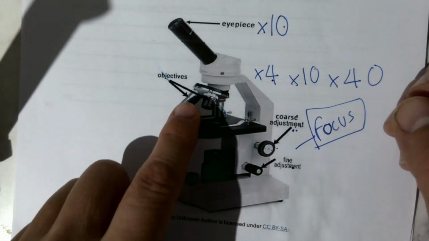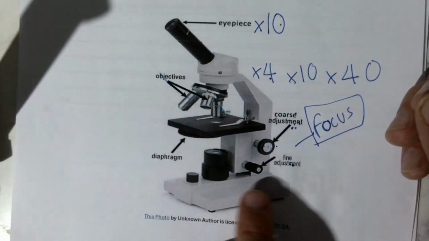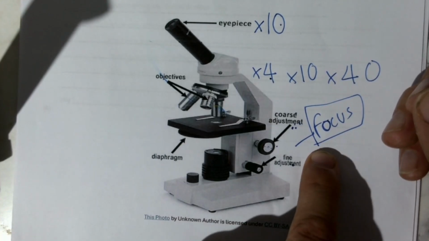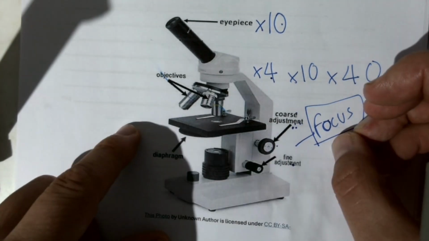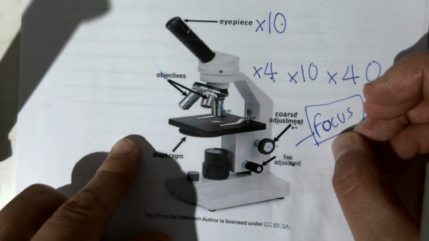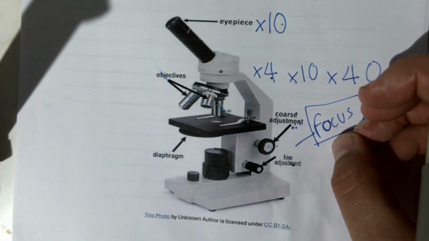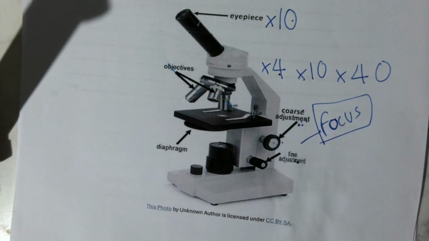To change the magnification, you change the objective lens to a more powerful lens. When it comes to focus or resolution, how clear is the image, you change the coarse or the fine focus knob, and it moves the stage up or down, closer to the objective lens or further away from the objective lens. And therefore we have this thing here called a stage.